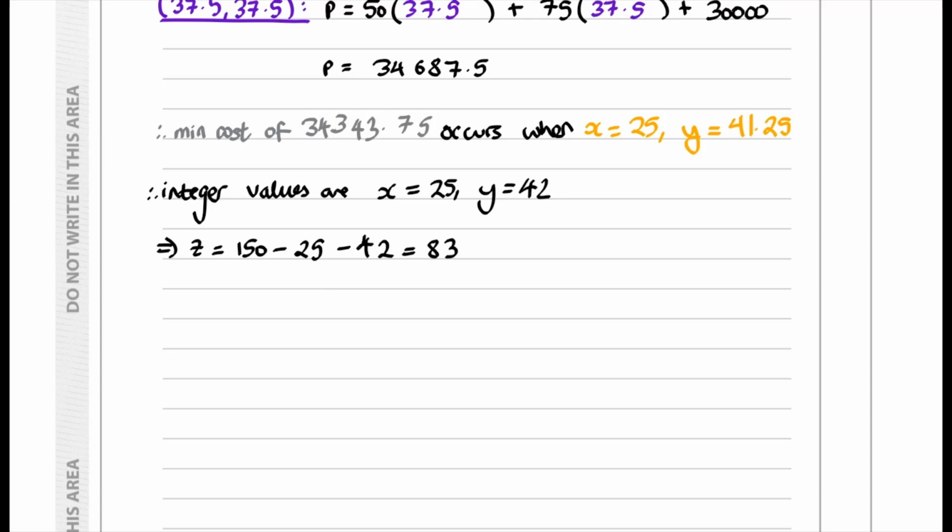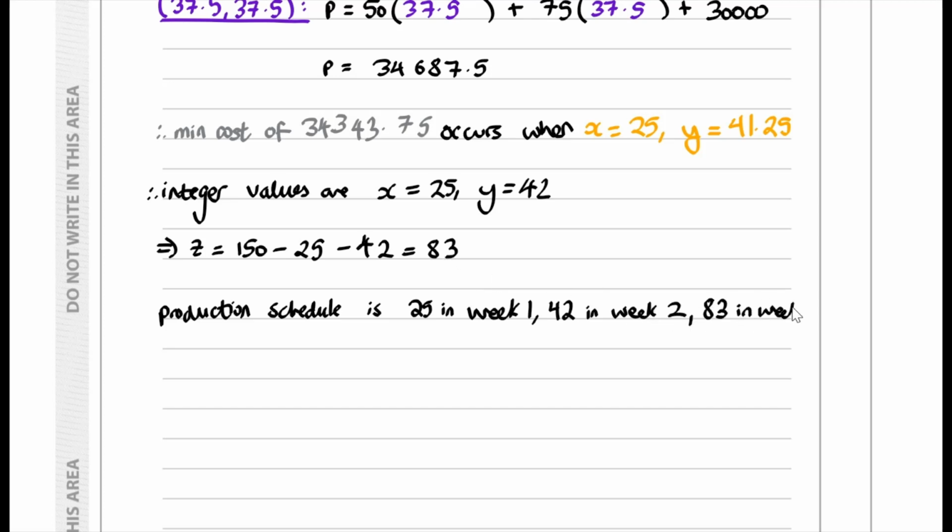Okay, and therefore from this we can find out the production schedule. So the production schedule is 25 in week 1, 42 in week 2, and 83 in week 3.